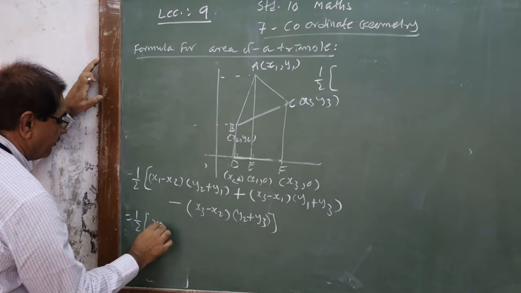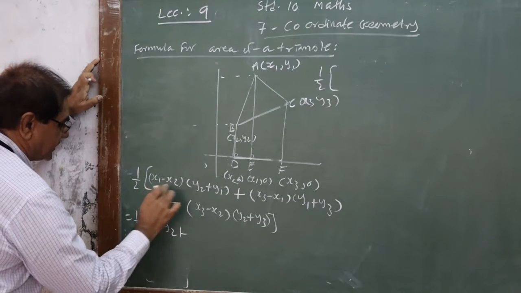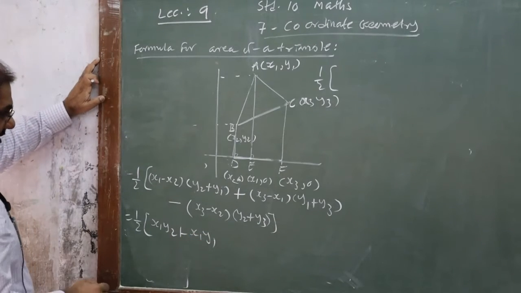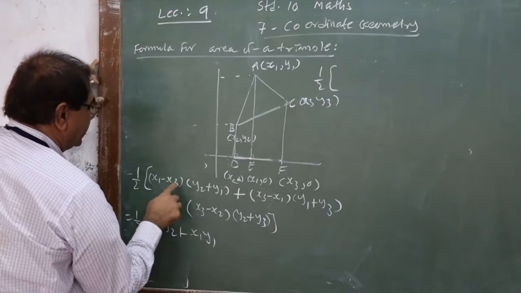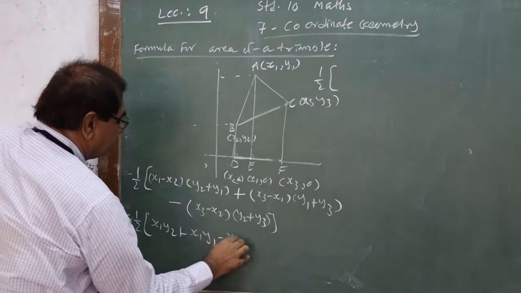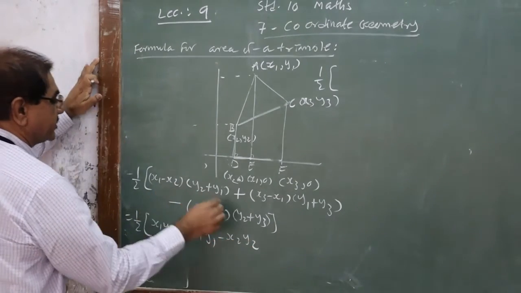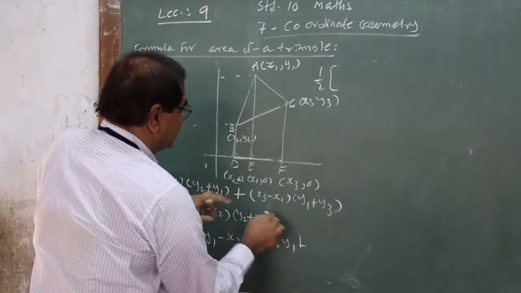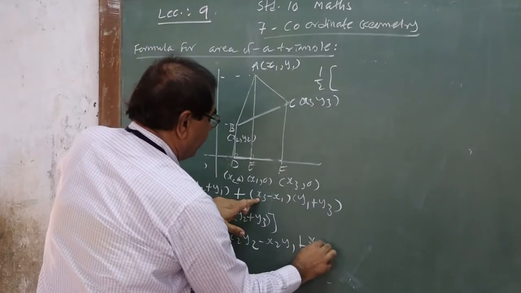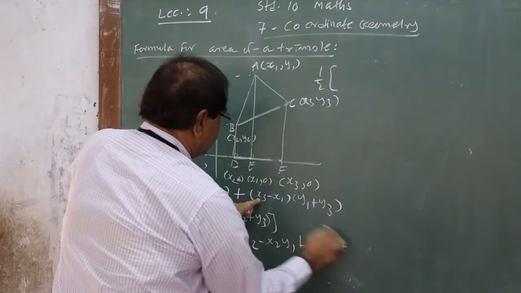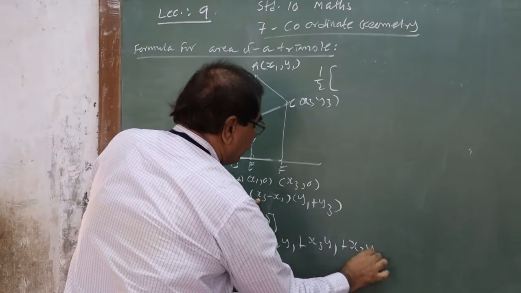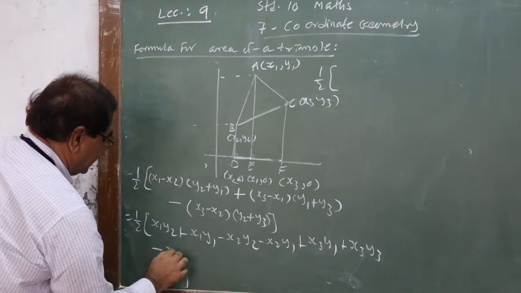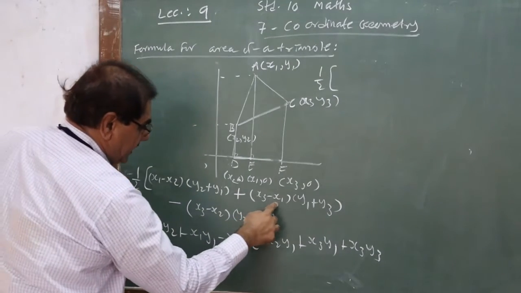x1 y2 plus x1 y1, now minus x2 y2, minus x2 y1, here plus x3 y1, plus x3 y3, minus x1 y1, minus x1 y3.